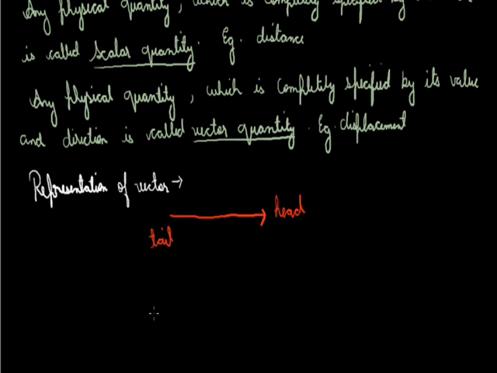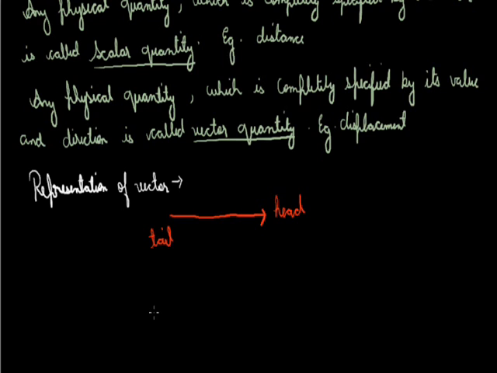Now, as we have discussed quantities like scalar and vector, we will discuss the difference between them. The first basic difference is that scalar quantities are completely specified by the value or magnitude, while vector quantities are completely specified by value and direction.